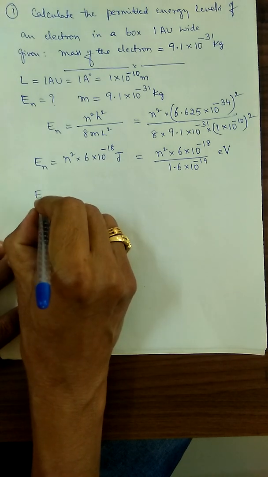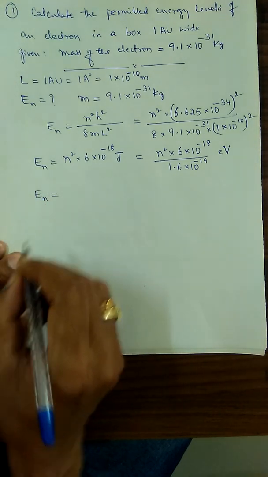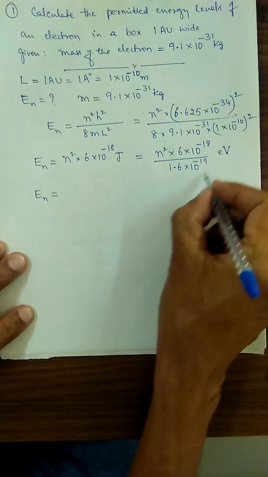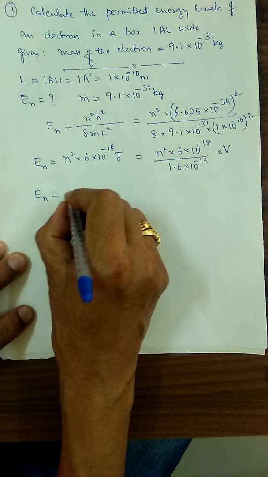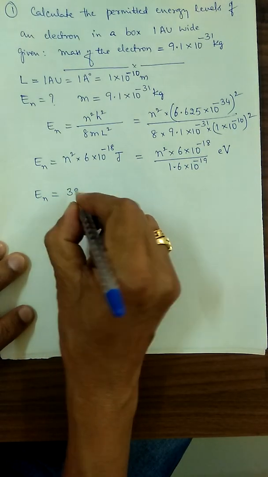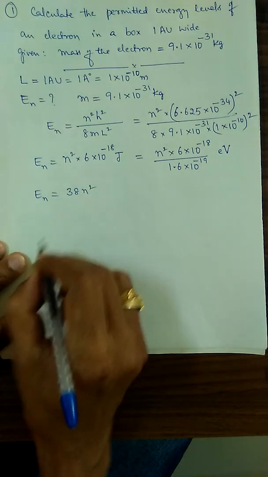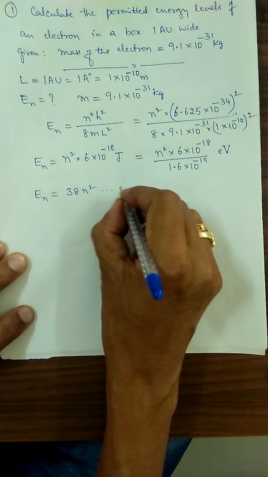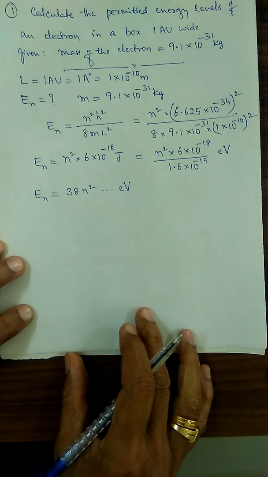Therefore, En is equal to 38 n square in terms of electron volts.